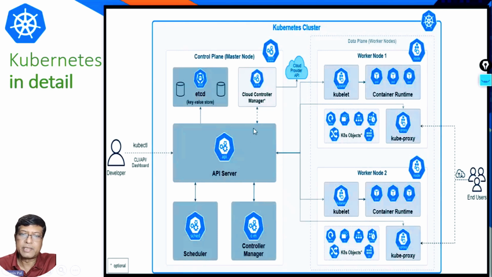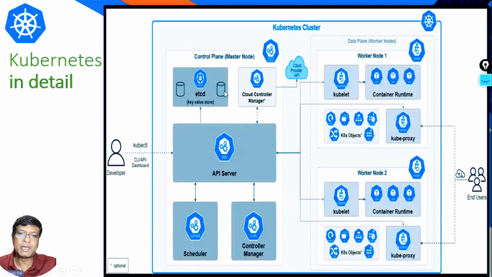The other part is, what about these? These are the main components of your Kubernetes control plane, the master node. If the API server is the heart, this etcd is the brain.